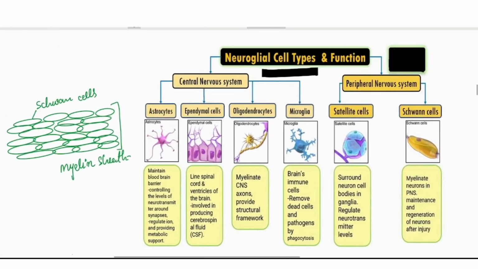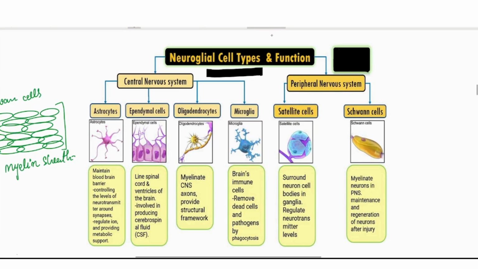Now let's see: the cells of neural tissue have two patterns, according to cell type and function. Some cells are specialized for signal transmission, and some are specialized for repairing or supporting these neurons.